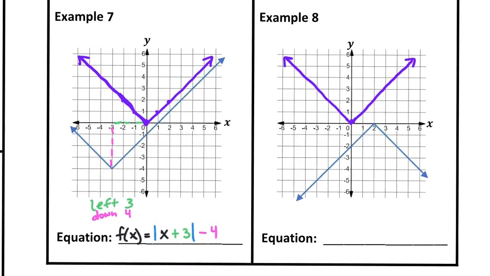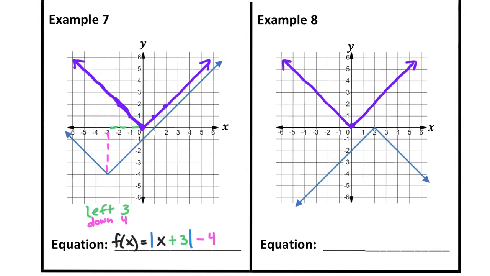And then see what's happening over here. Right, we notice that it's just moving 2 units to the right. 1, 2. So to the right 2. And it looks like it's reflecting over the x-axis, right?